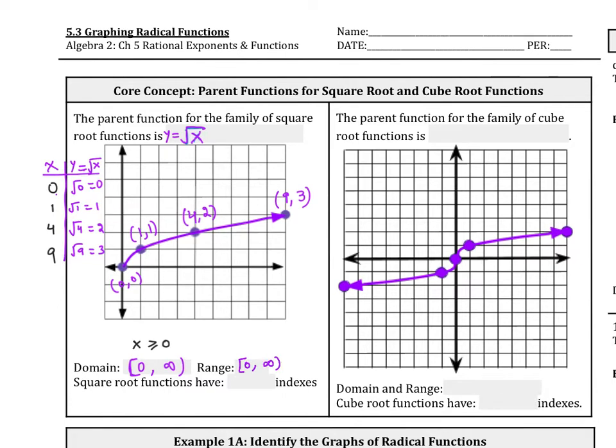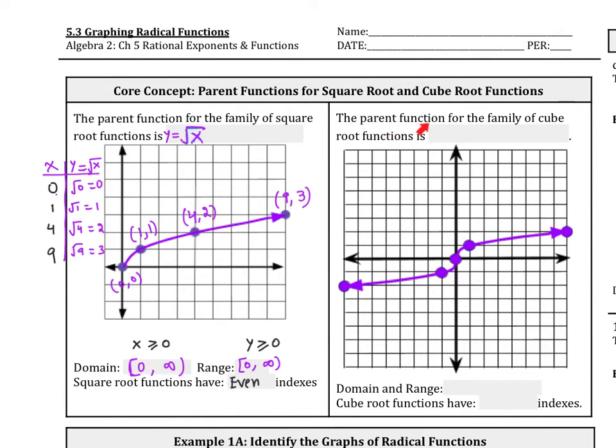And if you write it into an interval form, that's going to be y greater than or equal to 0. Now square root function has an index, the number that is in the cap is positive 2, so that's going to be called an even function, so even indexes.